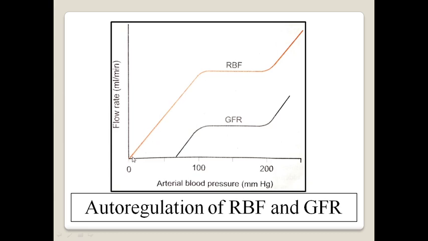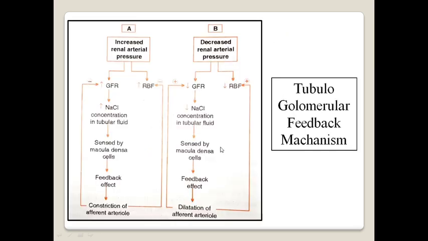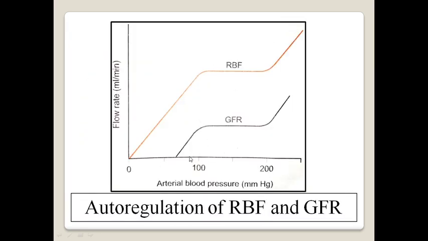This renal blood flow is proportional to the systemic arterial blood pressure. So at around 80 mm of Hg, if we increase the systemic arterial blood pressure, then renal blood flow starts flattening.